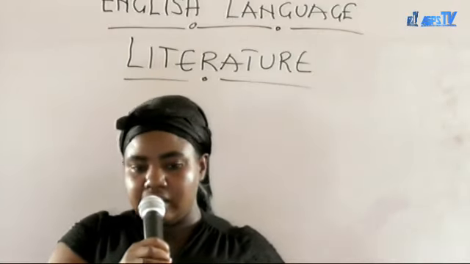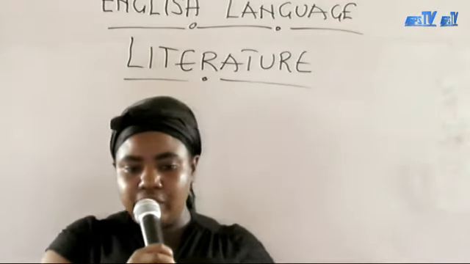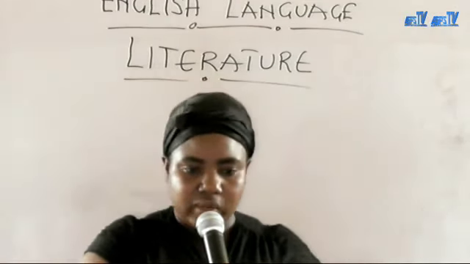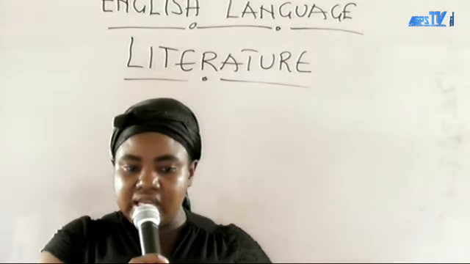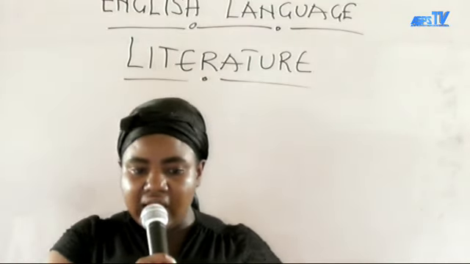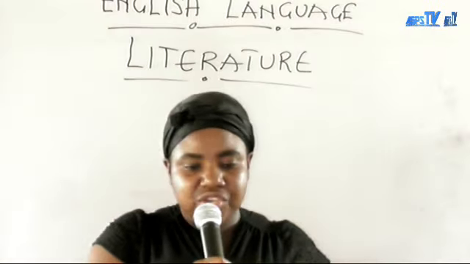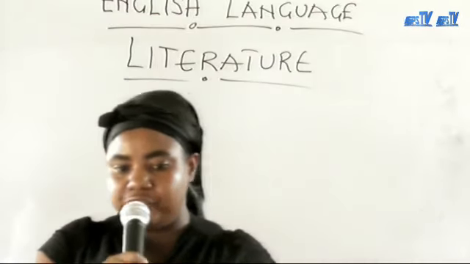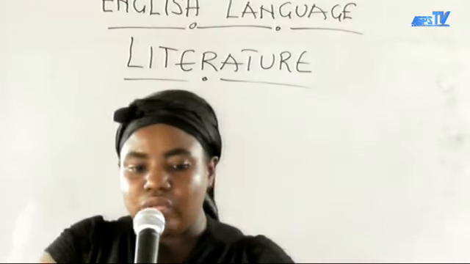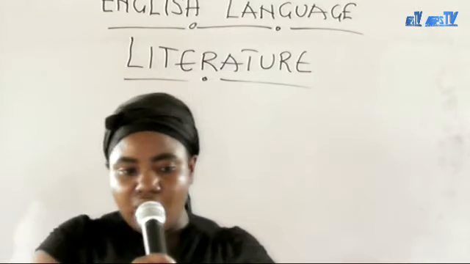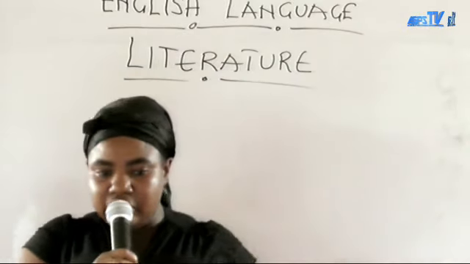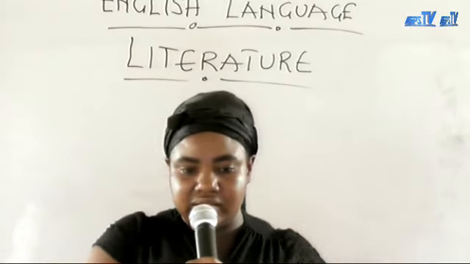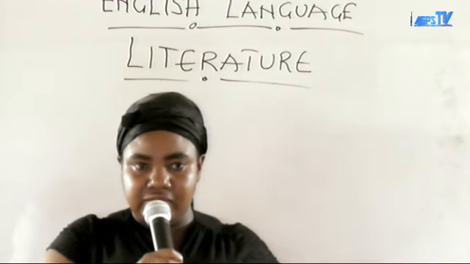Okay, so today we are moving on to the third one. When we give attributes or features of humans to animals, ideas or non-living things, we have a name for it in literature, and that is personification.